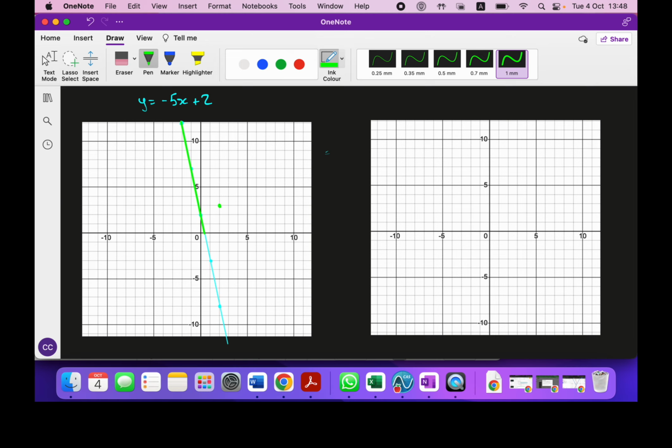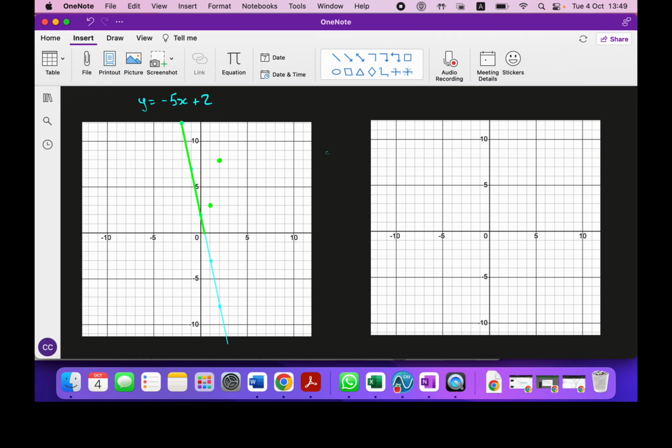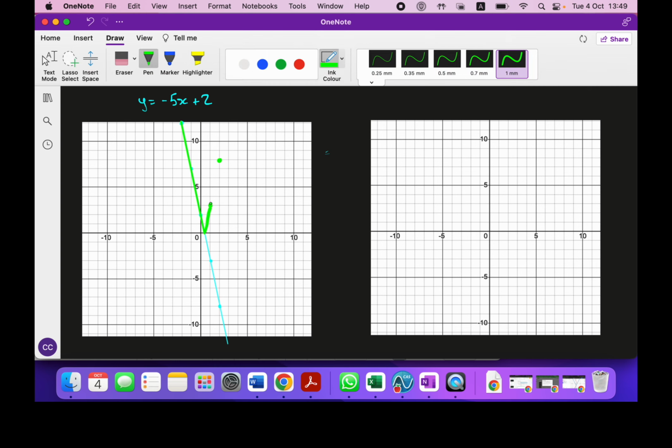I missed that one completely. There we go. +3 right there. And then 2 is at -8. It's now going to be at +8. And then if I drew that in, I would end up with something like that. Apologize that it's a bit of a mess.